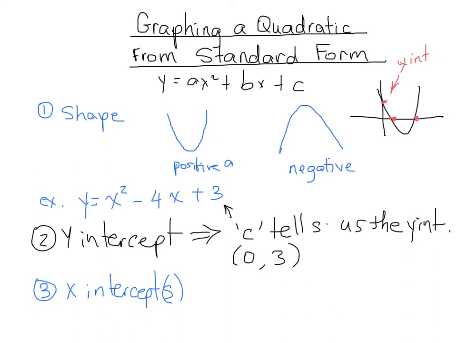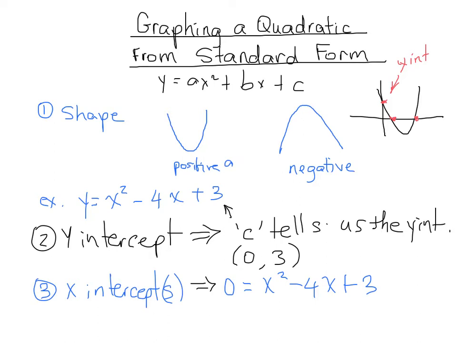Now, just like how x is 0 on the y-axis, y is 0 on the x-axis. So we can take our equation and set y to 0. So we'll have 0 equals x squared minus 4x plus 3, because on the x-axis, y will always be equal to 0.